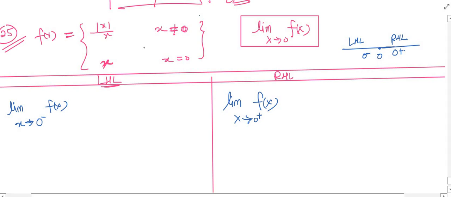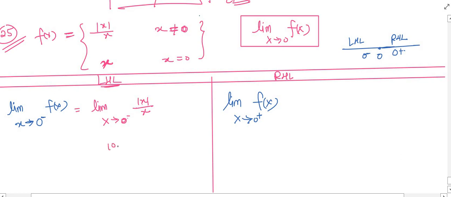Okay, now let's write down. When it is 0 minus, it means very close to 0 but not equal to 0. So which one will we take, first or second? Less than 0, we will take the first one. So it is limit x going to 0 minus of mod of x by x. Now directly we will put 0 and get the answer.